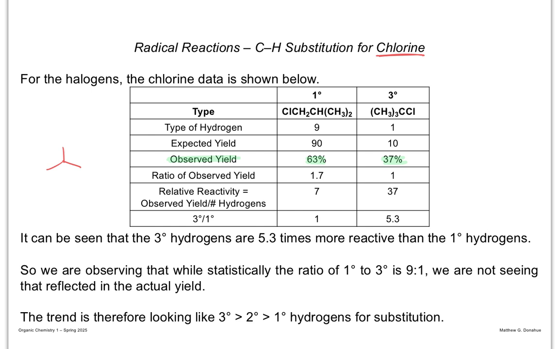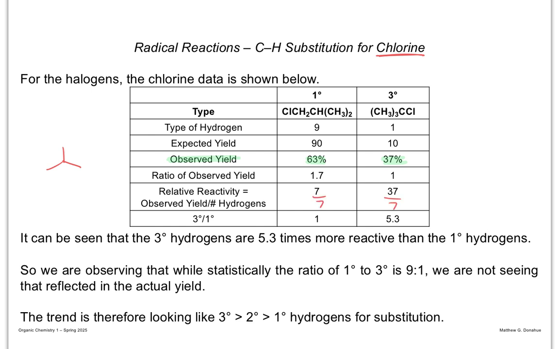Our relative reactivity, we take the observed yield, so 63 divided by the number of hydrogens, 9, that gets us 7. If we take 37 divided by 1, that's 37. And then let's divide both of those by 7.